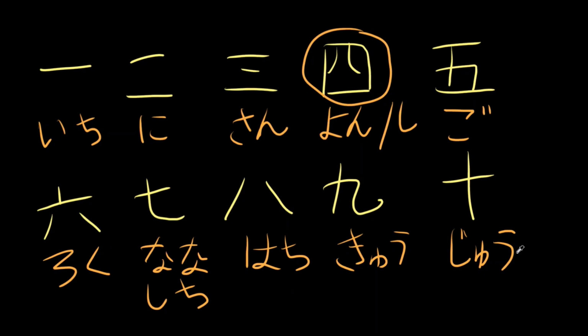So, let's do 0 first. I think the common way to say 0 would be just zero, in katakana. But there is a Chinese character for this, a kanji for this.